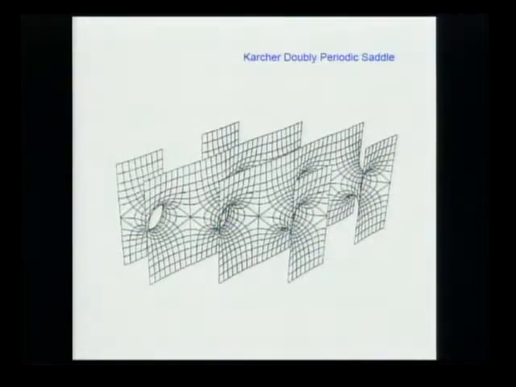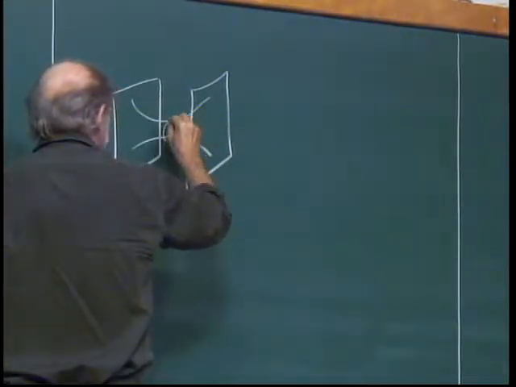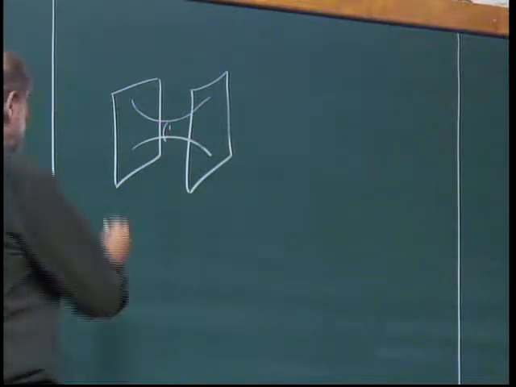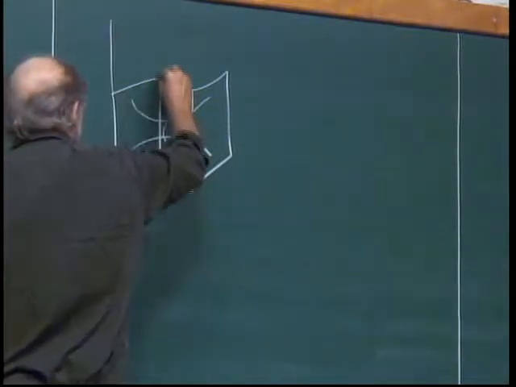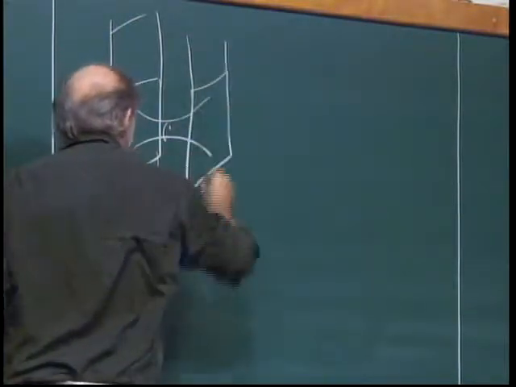If I start off with 2 squares like this, then if these are close enough in space, you can imagine that there's a minimal surface there that's like a catenoid. If they're too far away, this doesn't exist. But one can actually show that this exists if you take this to be bigger, and so on.